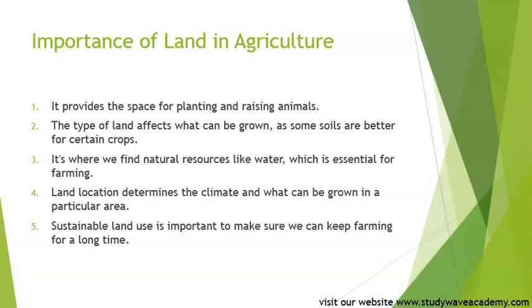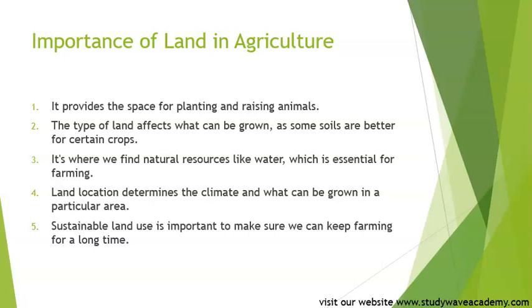Five, sustainable land use is important to make sure we can keep farming for a long time. Land is a finite resource, and sustainable land use is crucial to ensure the long term of agriculture. Okay? So these are the importance of land in agriculture.